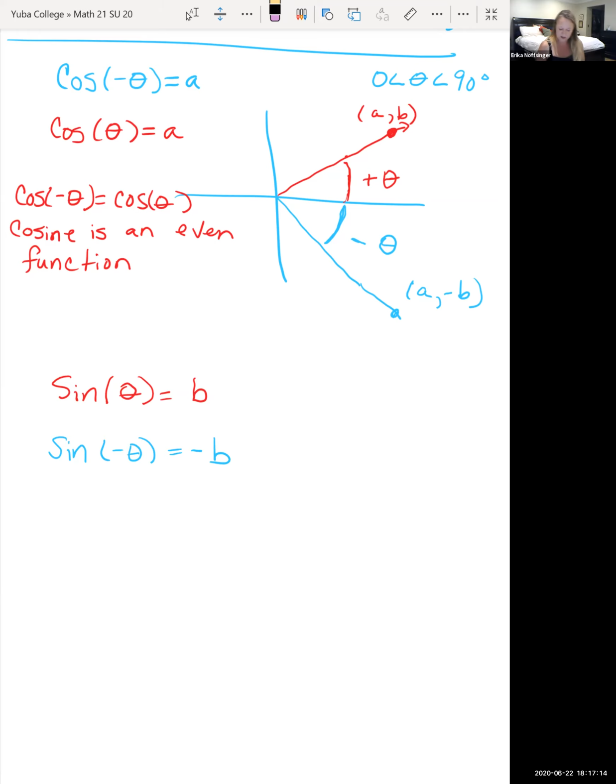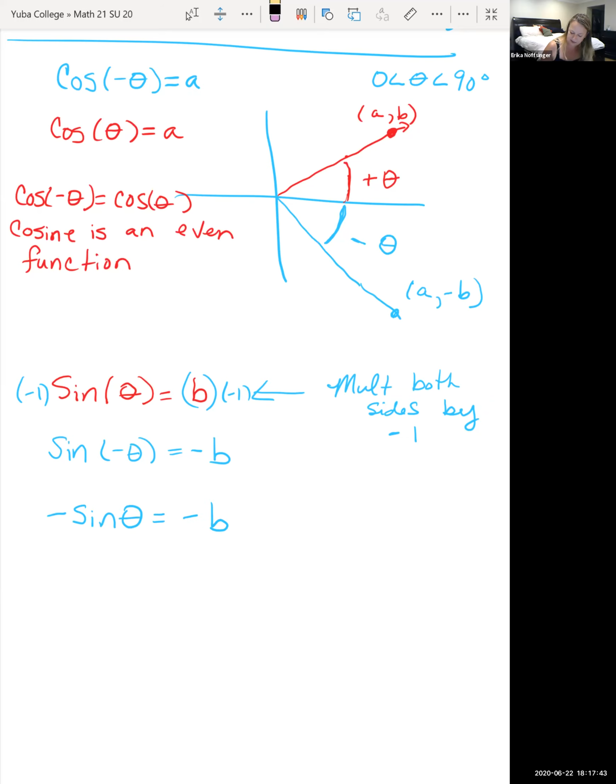So notice if I multiply this equation, both sides, by -1, I get negative sine of theta equals negative b.